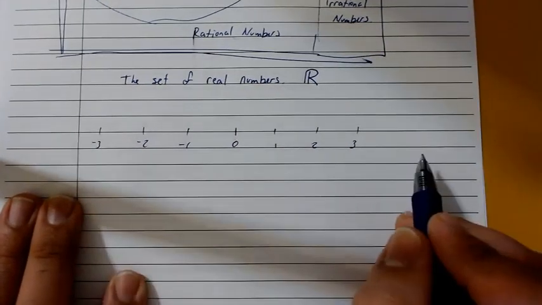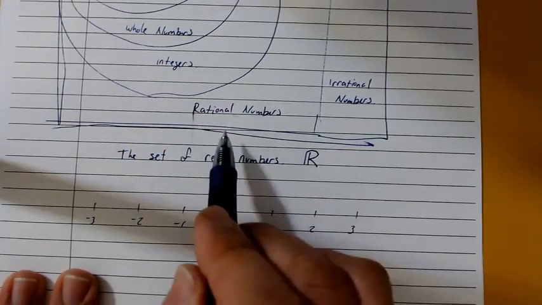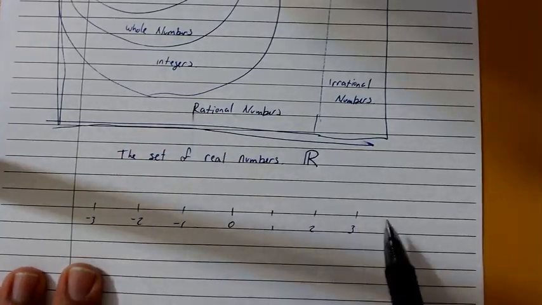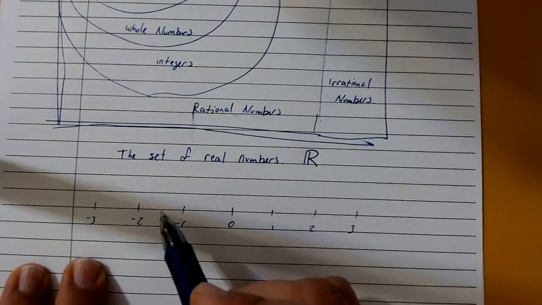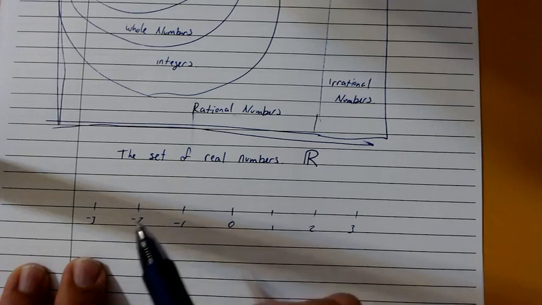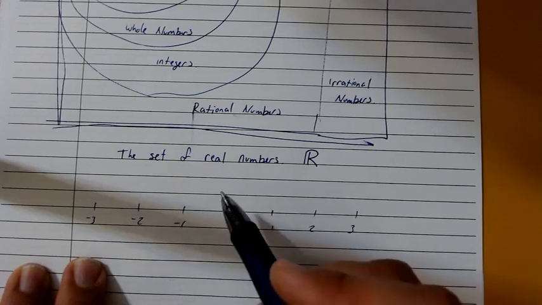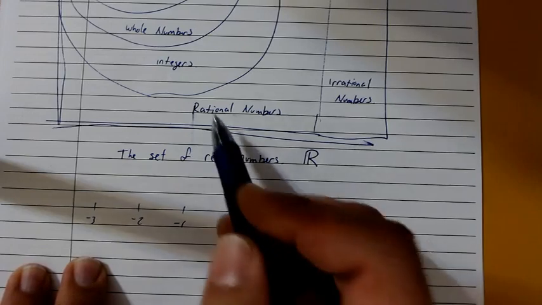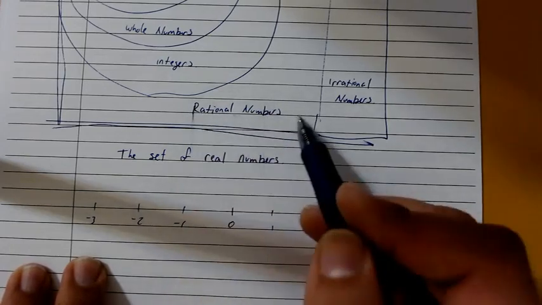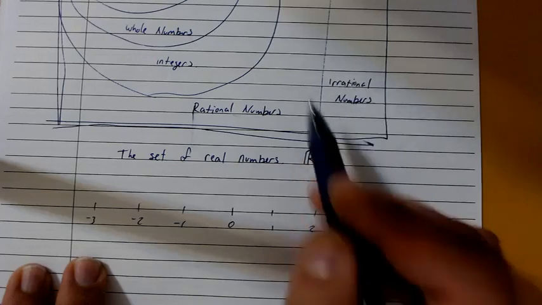These are your integers. But then, if you go past the integers, everything in between the integers is some decimal. If it's a decimal, it either has to terminate, repeat, or do neither. If it terminates or repeats, it's going to be rational. And if it doesn't do either of those, then it's got to be irrational.